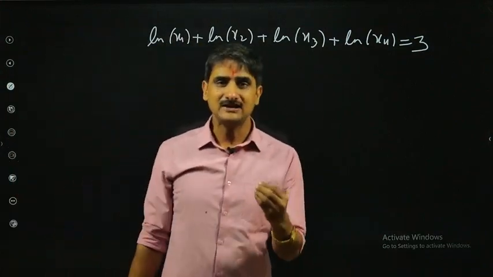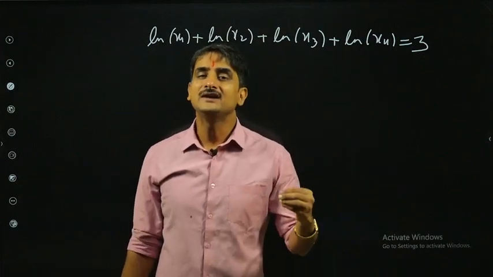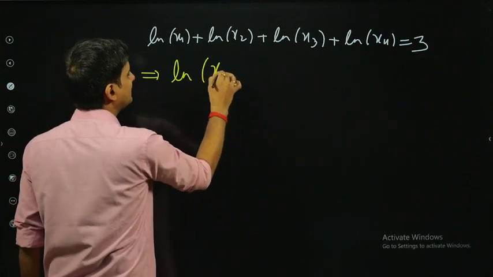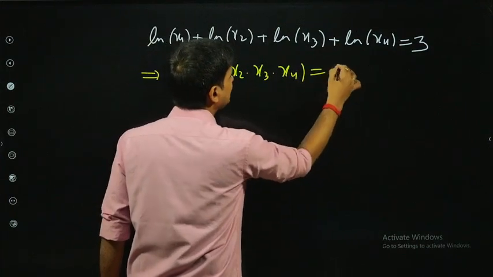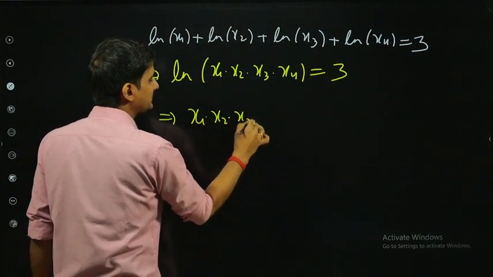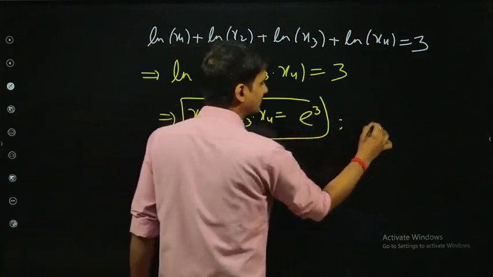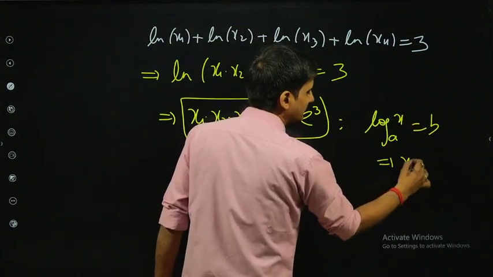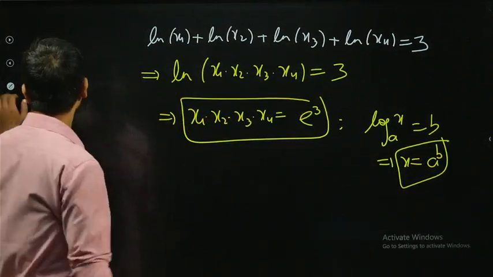It says that ln a plus ln b is the same as ln of a into b. So I can write the LHS as ln of x1 into x2 into x3 into x4, which is 3. So x1 into x2 into x3 into x4 is e raised to the power 3. What did I use? If log base a of x is b, then x is equal to a raised to the power b. That should be the answer here.